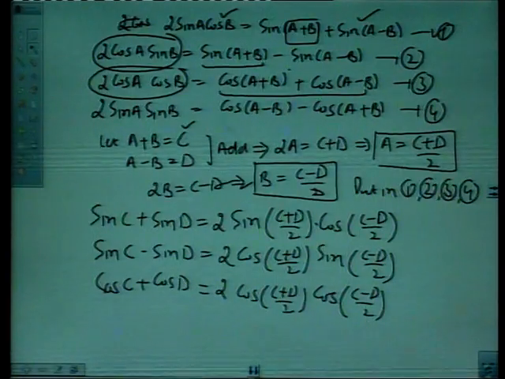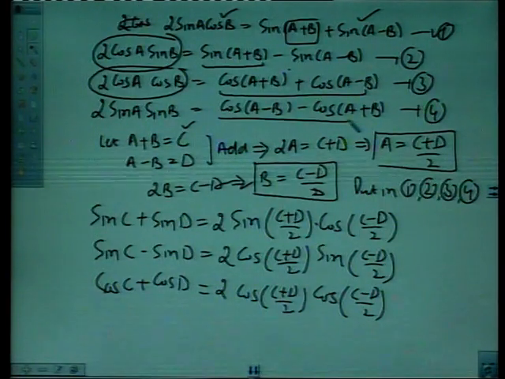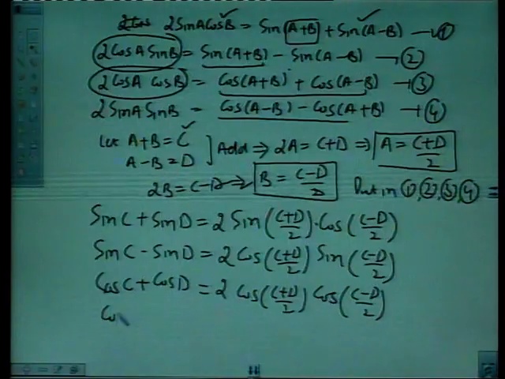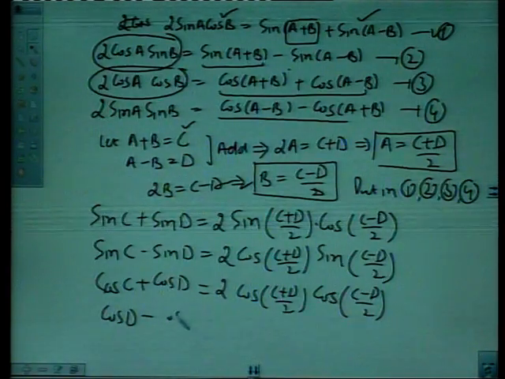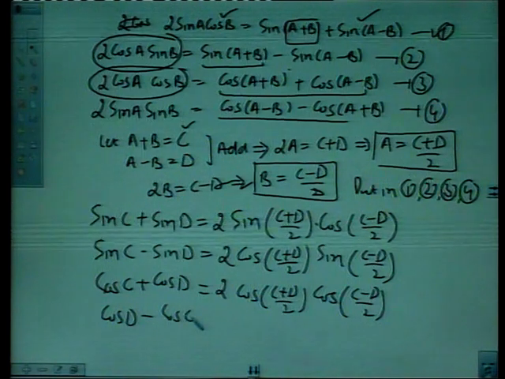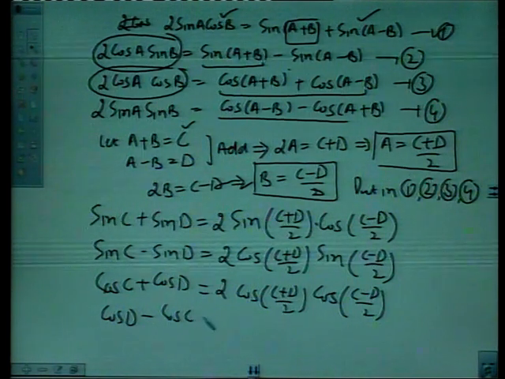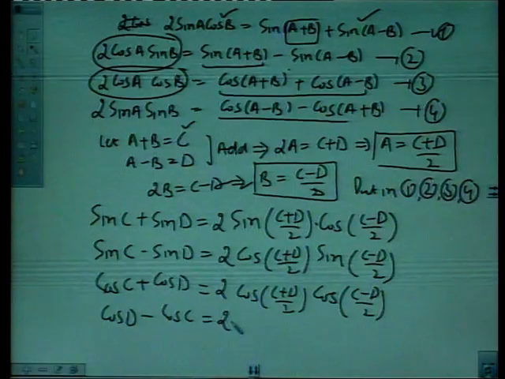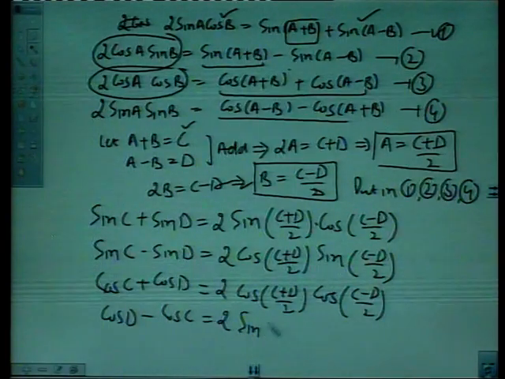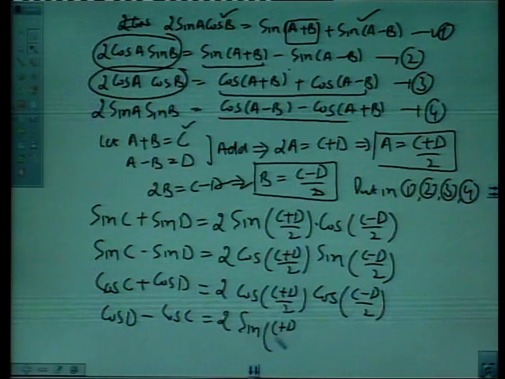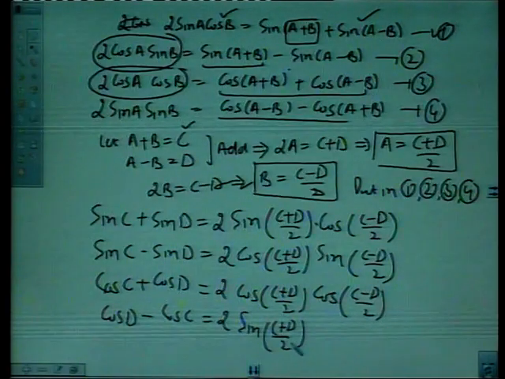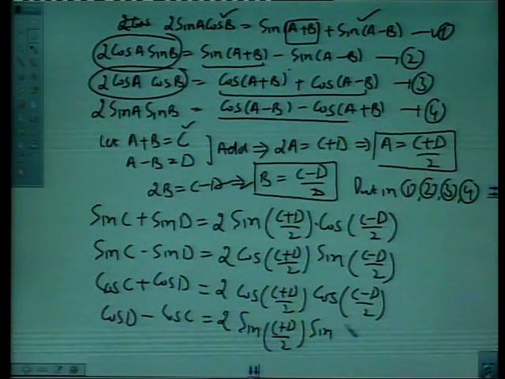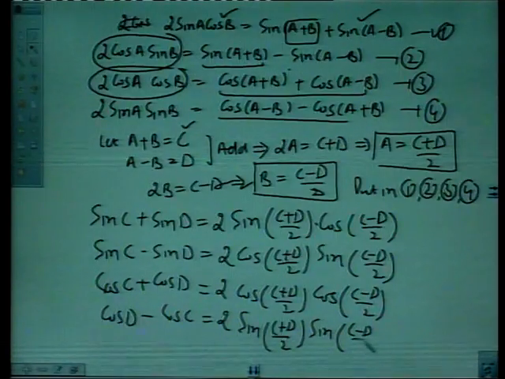The last formula is cos(A minus B) minus cos(A plus B). It means cos D minus cos C is equal to 2 times sin A, which is (C plus D) by 2, into sin B, which is (C minus D) by 2.